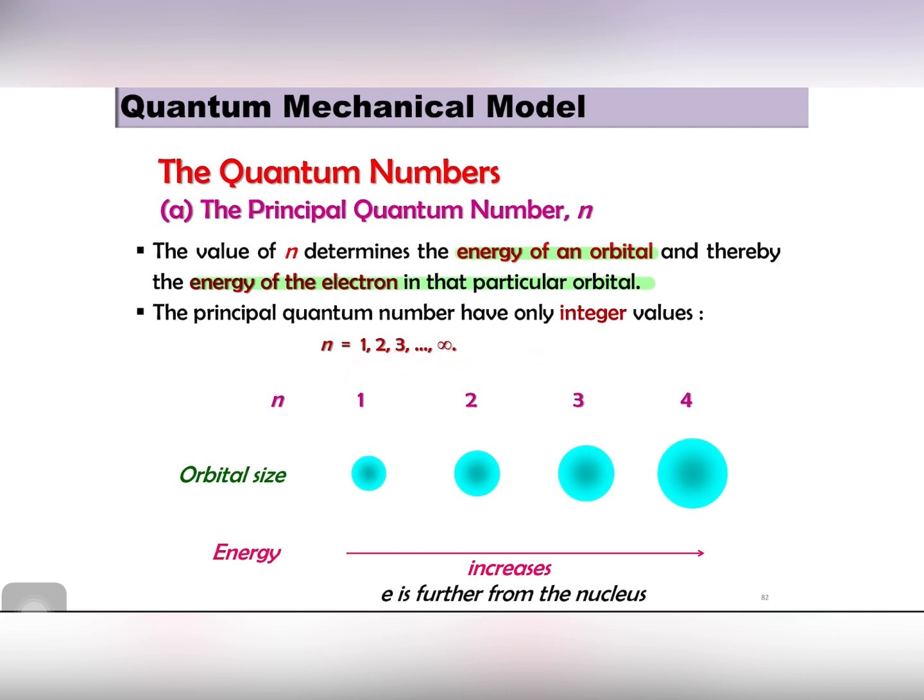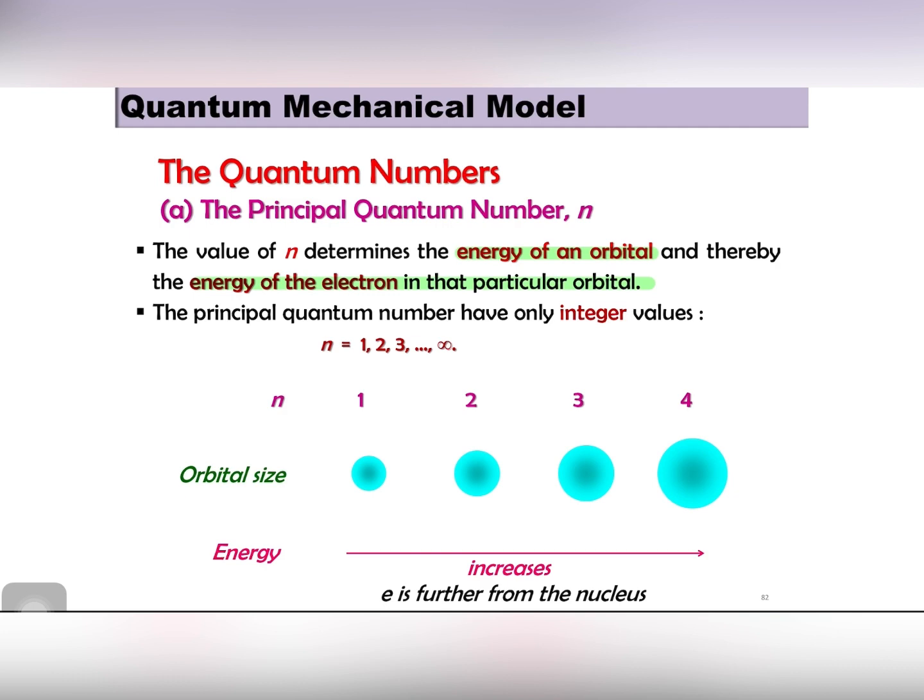Okay, so ini contohnya value of N. N start daripada only integer 1, 2, 3, 4. Okay, so as you can see, the bigger the number, the bigger the orbital size. So means daripada number ni juga kita boleh tahu energy of that orbital increases.